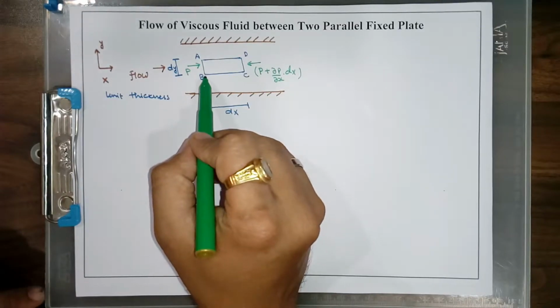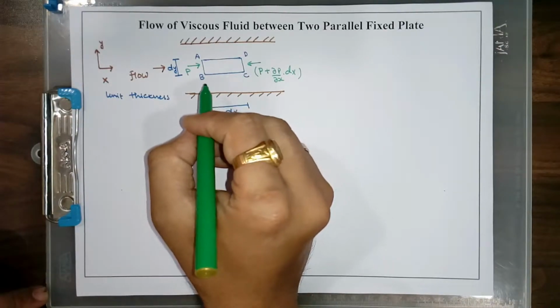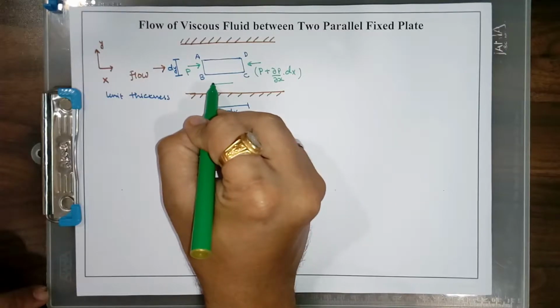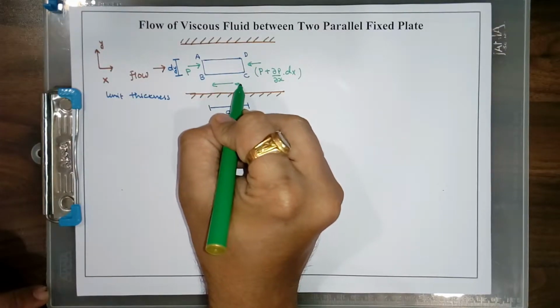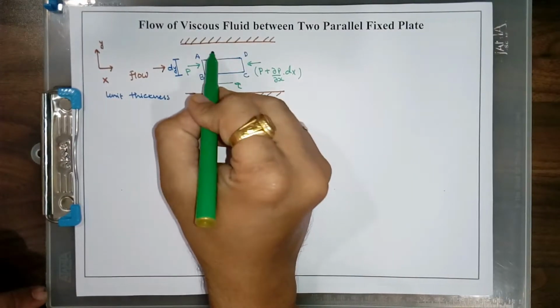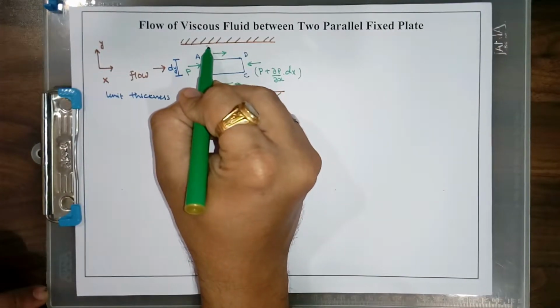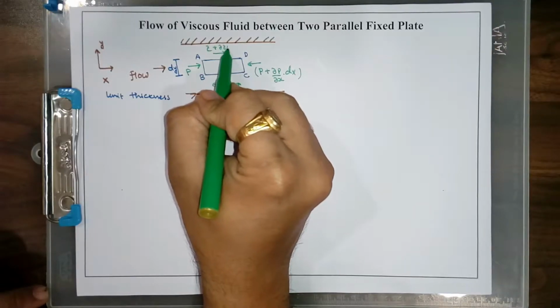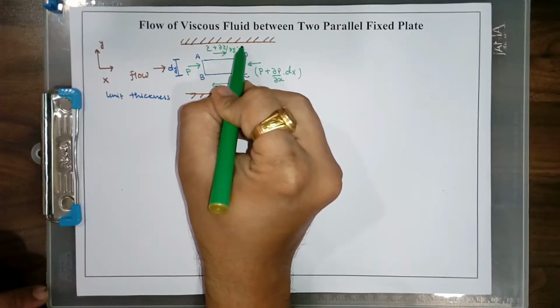Here the shear stress acting on the BC surface is tau, and the shear stress acting on the AD surface is tau plus del tau by del y into dy.